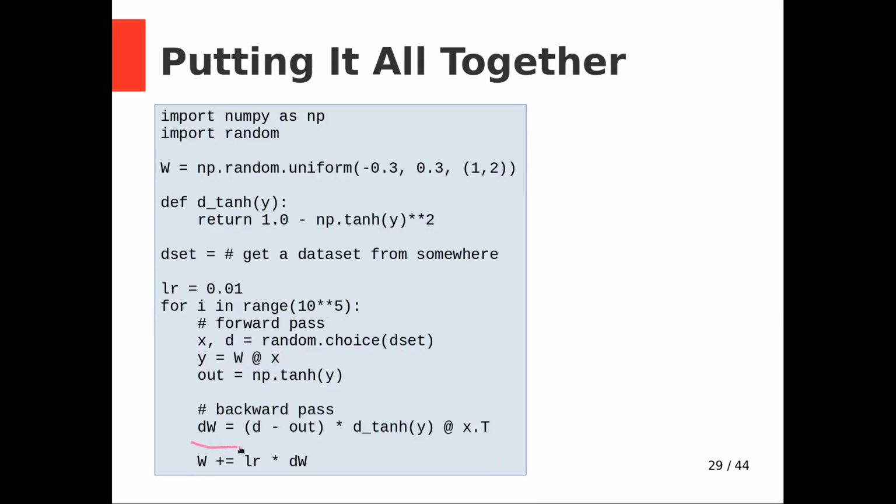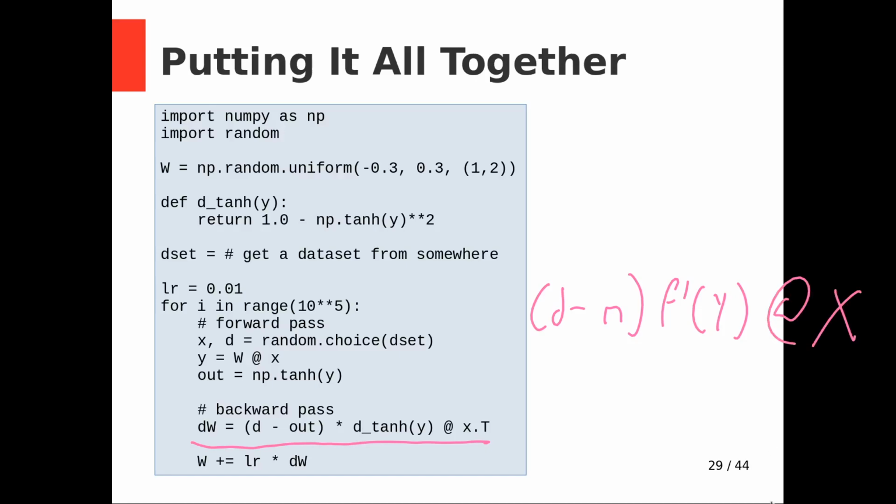We wrote d minus m f prime y x, right? So this backward pass is the math that we invoked the daemon calculus to get earlier, and then we apply our weight update, our computed weight updates times our small learning rate.